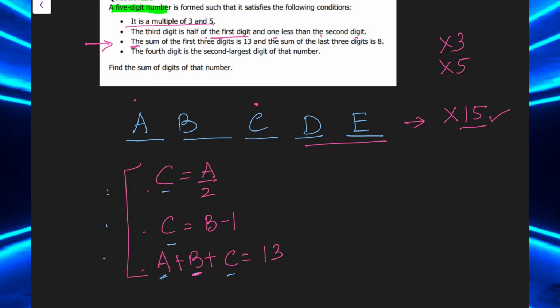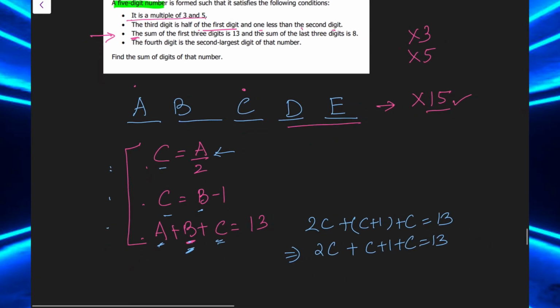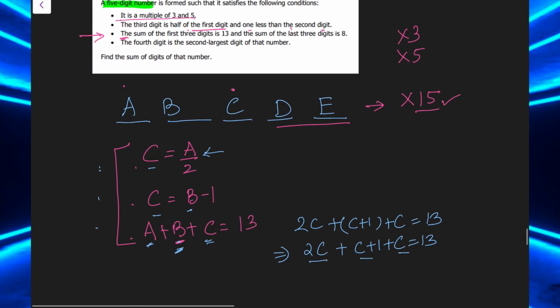So I can write A as 2C from this equation here. So A is 2C, B is C plus 1, and C can be C, and this equals 13. Solving this, 2C plus C plus 1 plus C equals 13. There's 2C, 2 more C, 4C equals, this can go on the other side, 13 take away 1.